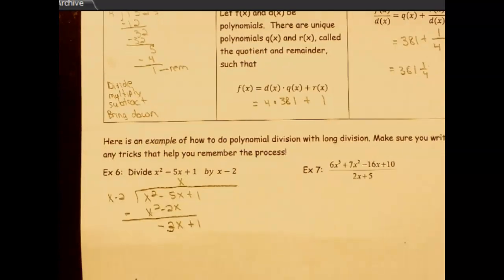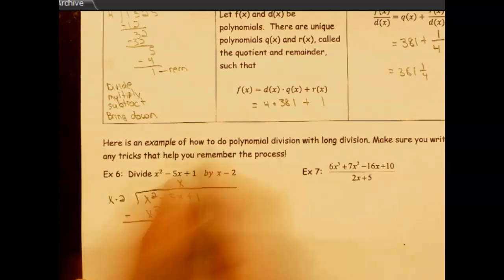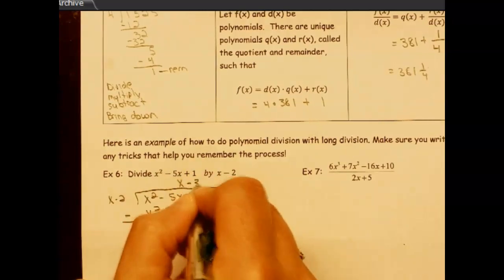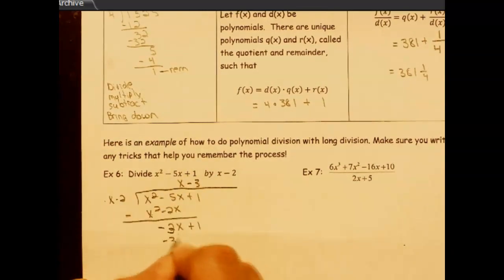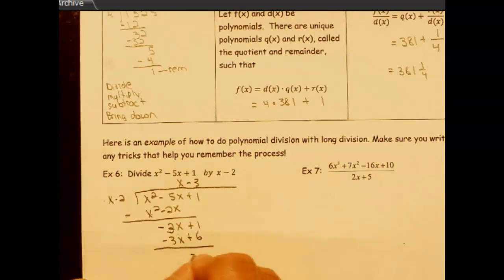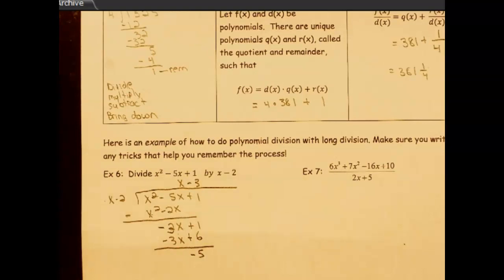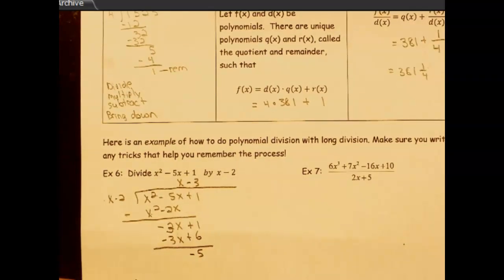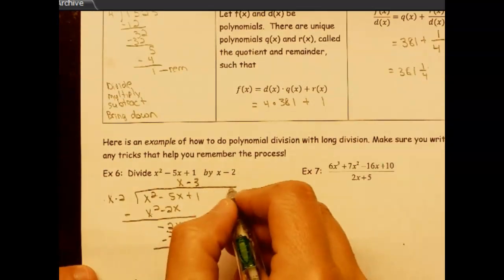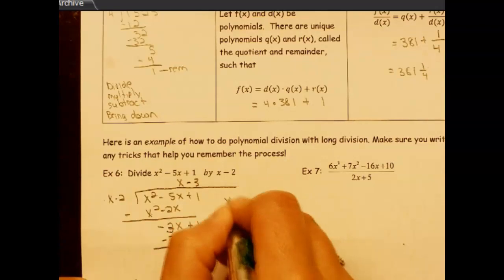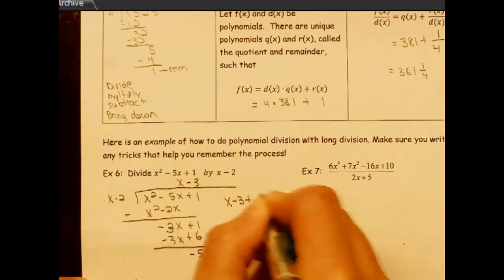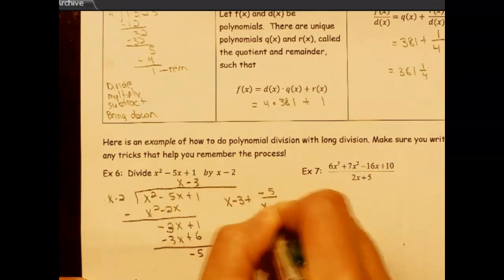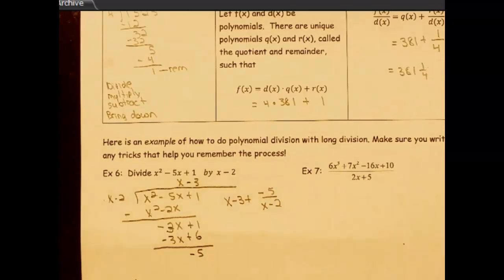And I start the process again. Negative 3x divided by x would be a negative 3. I multiply. I subtract. 1 minus 6 is a negative 5. So writing it in that fraction form, our answer is x minus 3 plus negative 5 over x minus 2.